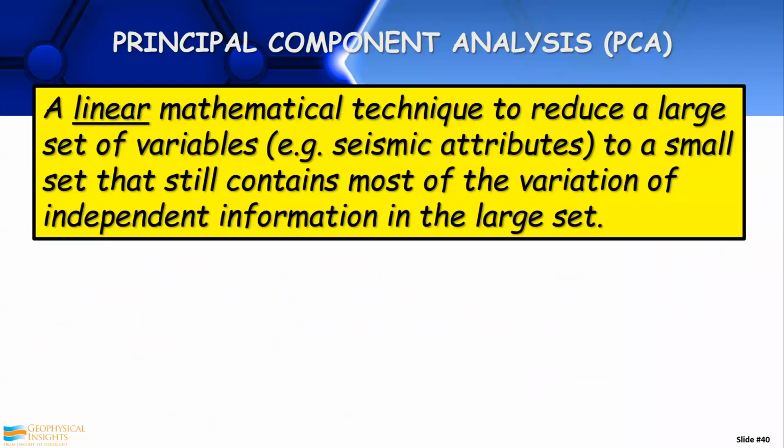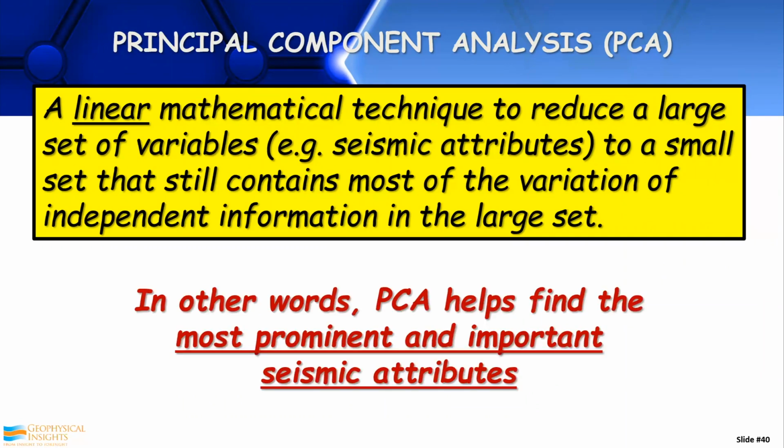So PCA gives us a tool to address the dimensionality issues. PCA is a linear technique that reduces a large set of variables to a smaller set that will still contain most of the variation of independent information in the large set. So in other words, PCA will help us find the most prominent, important subset of attributes.